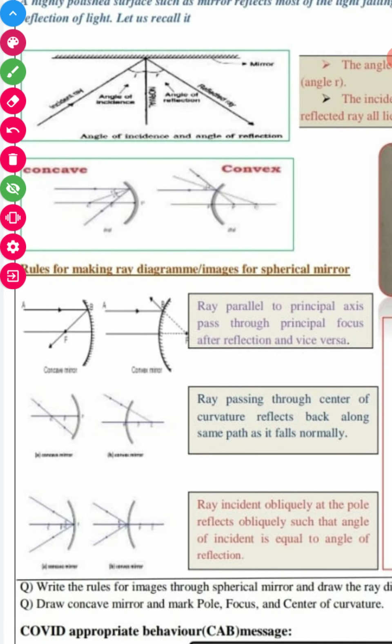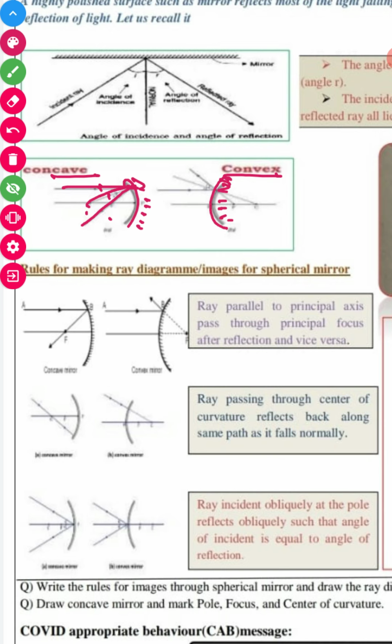This is the ray diagram based on the reflecting surfaces of the concave mirror and the convex mirror. This is the concave mirror, polished from this side. A ray parallel to the principal axis, after reflecting, passes through the focus. One ray of light passes through the center of curvature. In this case, angle I is equal to angle R. And this is the case of the convex mirror.